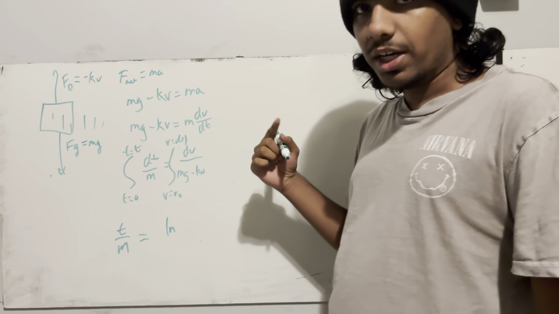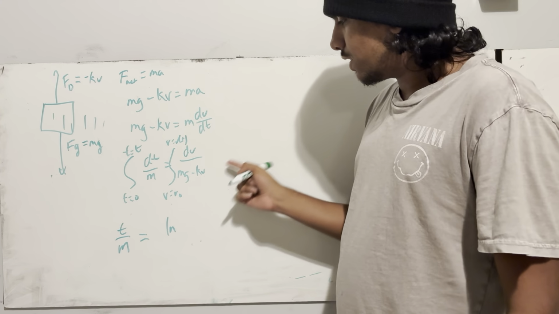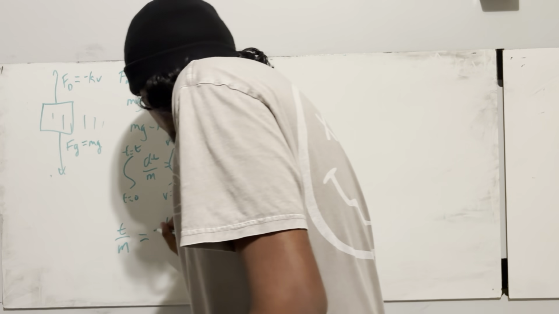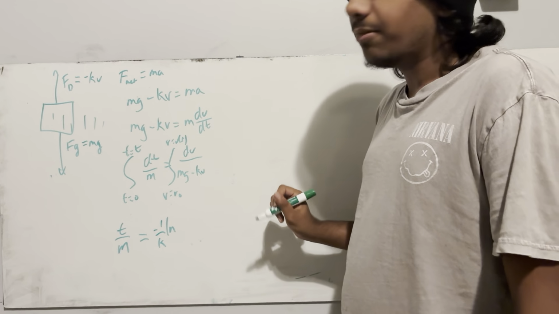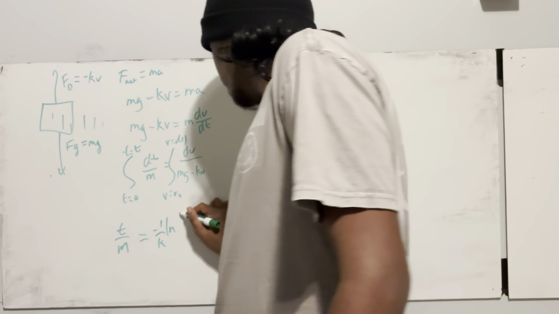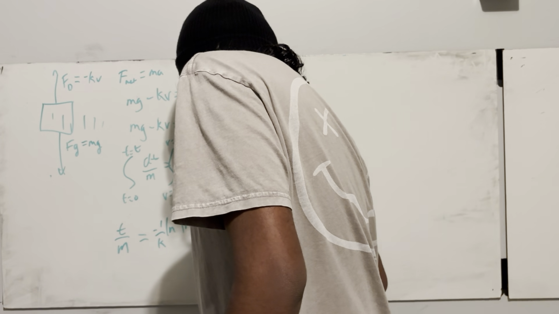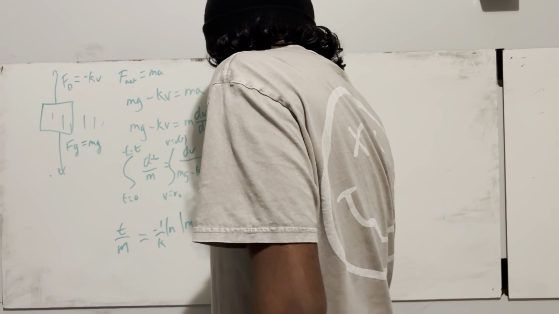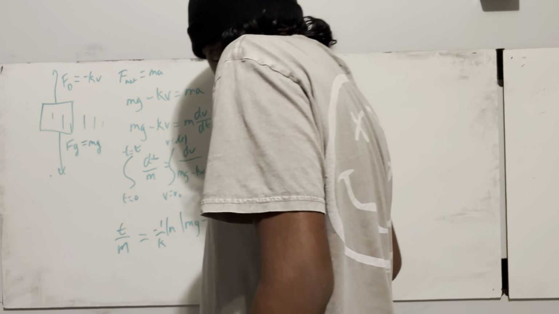There's a negative, so we're going to have to do, well, inverse chain rule. We're going to have to divide by negative 1 over k. And then we're going to keep the something inside. So mg minus kv. And then we're going to evaluate from v naught to v of t.